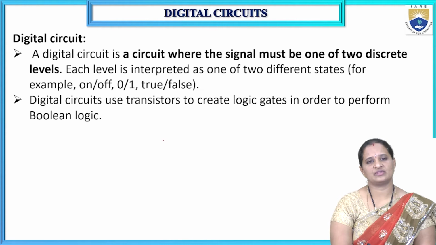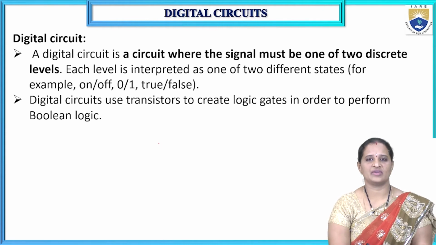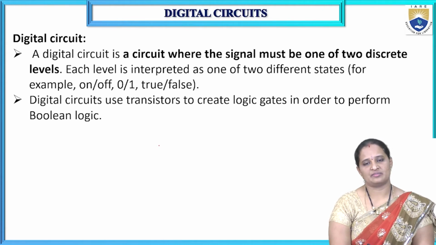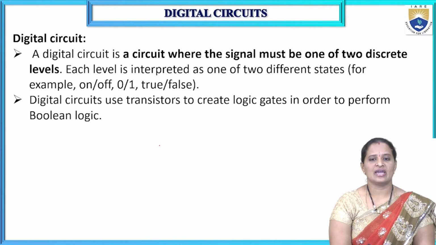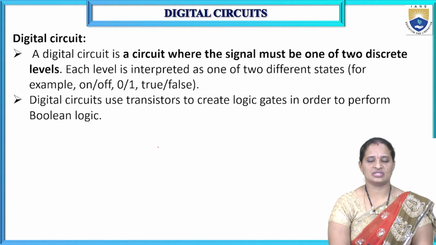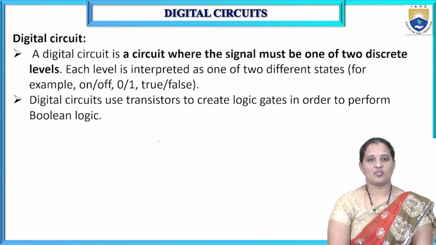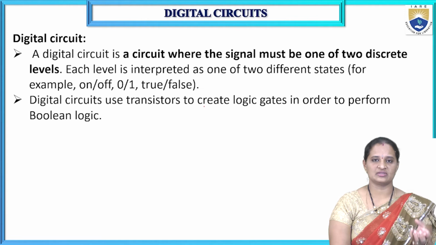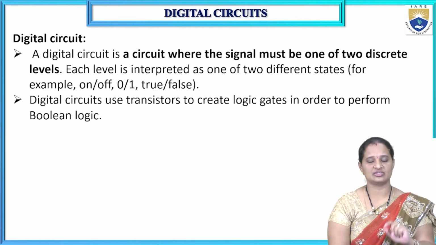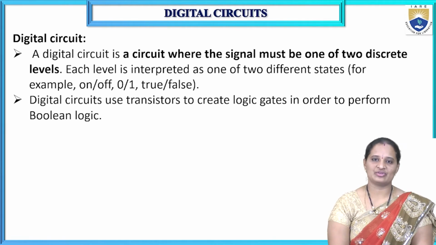Examples of digital circuits are adders, subtractors, multipliers, and even counters, registers, multiplexers, encoders, and decoders. These are all digital circuits which can process digital data, which is in the form of zeros and ones. These circuits use transistors. The basics for building these digital circuits are again the transistors.